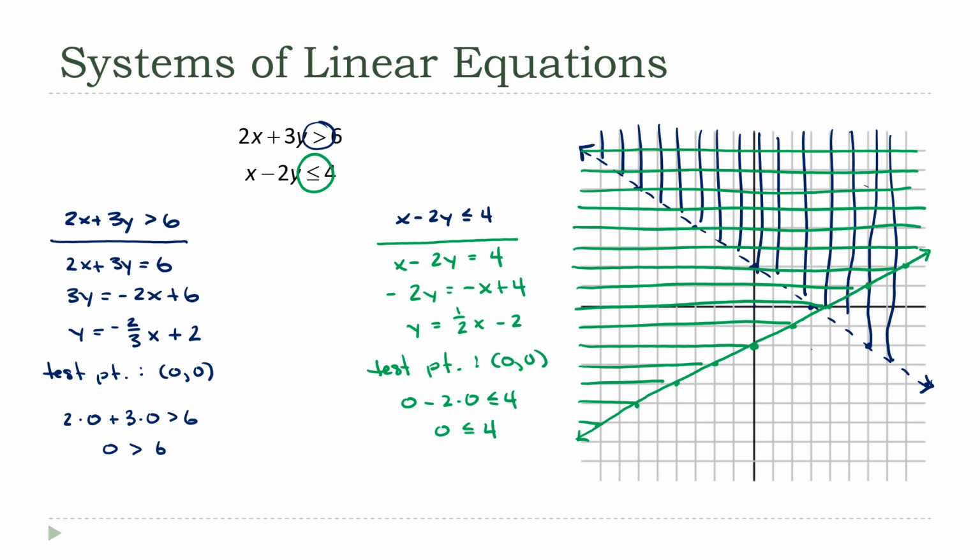It's this region here above the dashed line and above the green line over here, the solid line. That area is my solution. In other words, what does this really mean? All of the points that satisfy both the first inequality and the second inequality are in that region that's kind of above both of the two boundary lines.